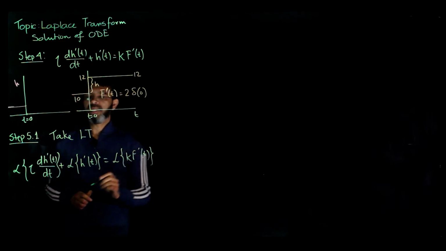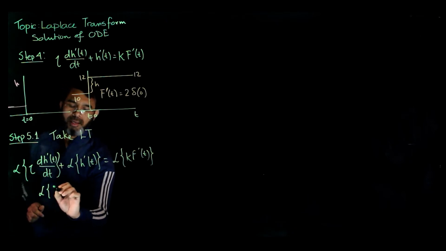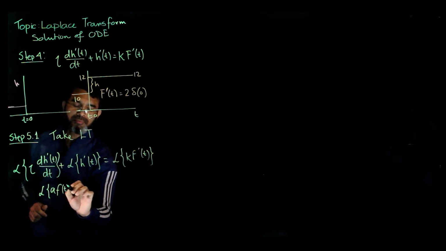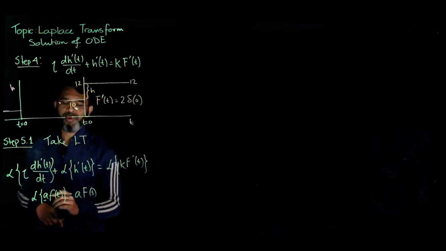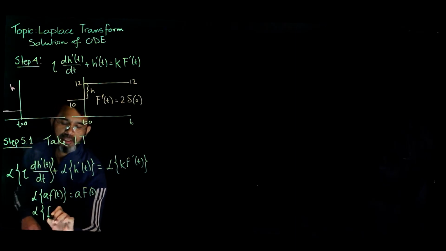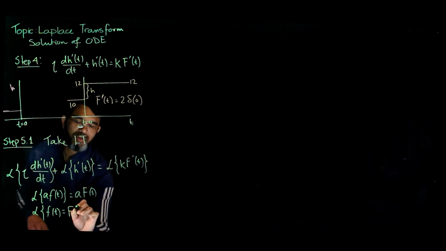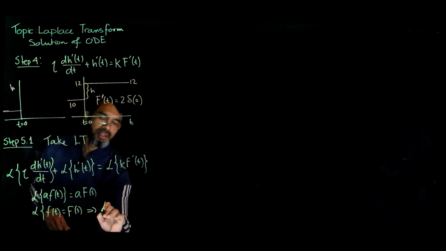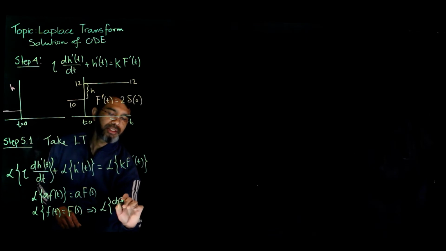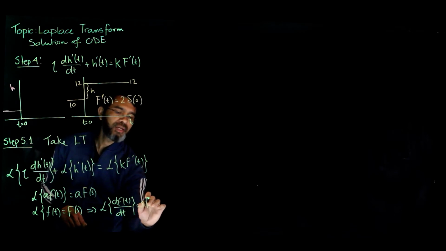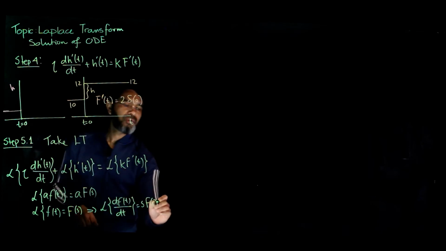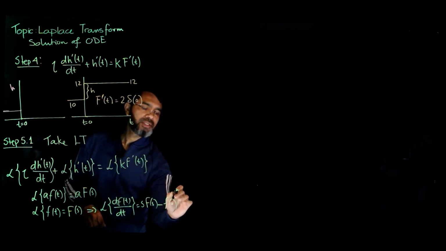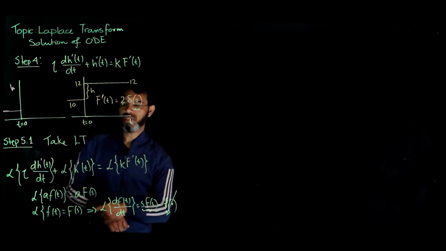From the property that the Laplace transformation of a constant times a function is the constant times F(s), and also the property that if the Laplace transformation of a function f(t) equals F(s), then the Laplace transformation of the derivative of the function becomes sF(s) when the value of the function at time 0 equals 0. If this is 0, then we'll have only this term.